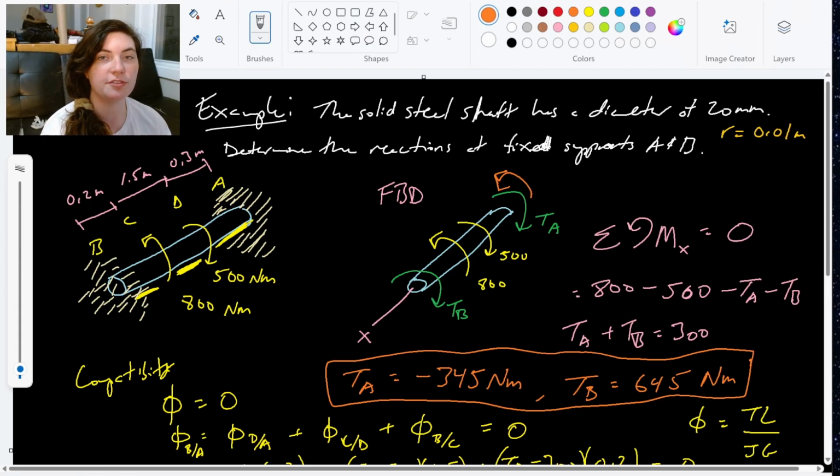All we were doing was finding those support reaction torques, using the same kind of layout, the same kind of steps that we did for statically indeterminate systems with axial loads. We set up our moment equilibrium, found a compatibility with the angles, and then substituted in that TL over JG relationship to find these torques.